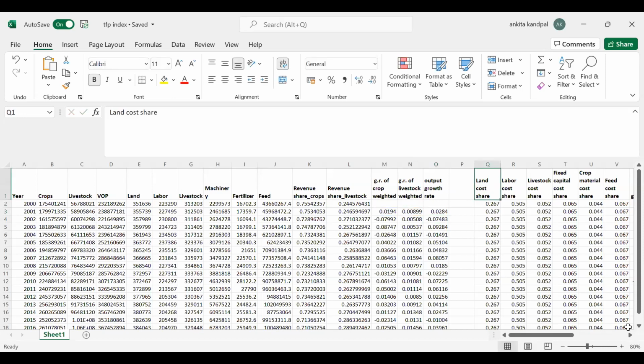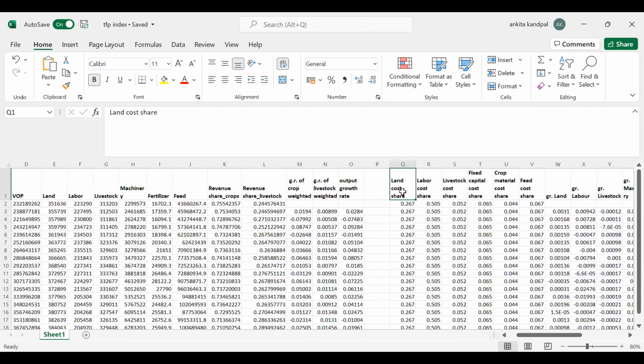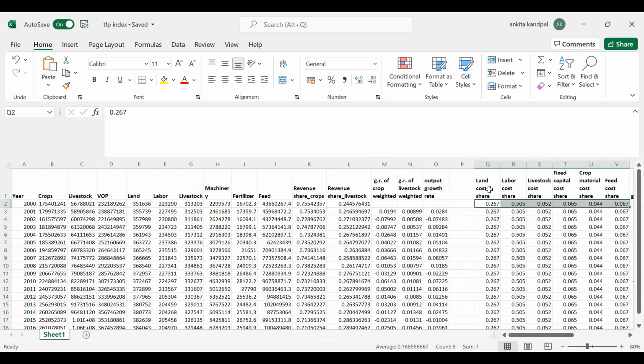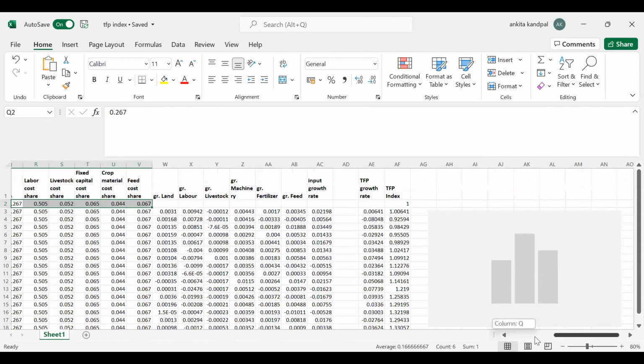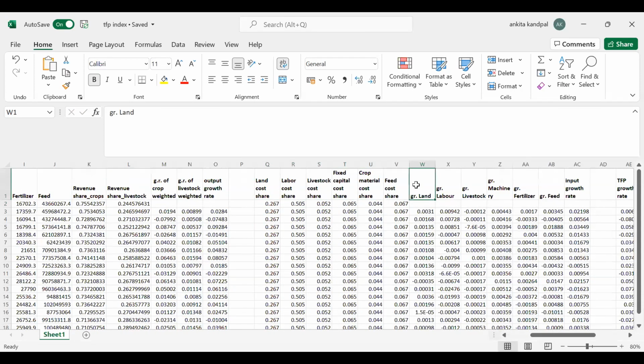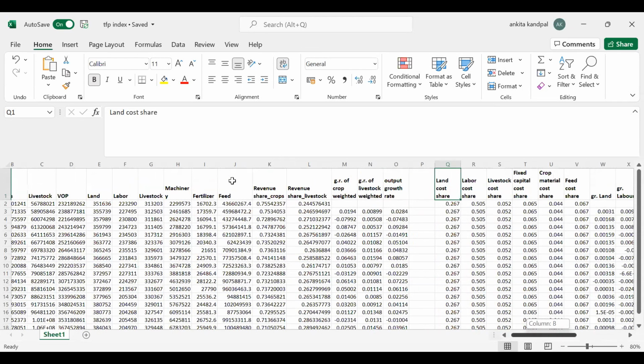Then for calculating the cost share, I have taken all these shares of inputs as fixed shares. If you have expenditure data, you can also take year-wise different share of each input. Then it will be a weighted average of these two years. Then growth rate of each input will be calculated by multiplying the cost share of each input into the yearly change of each input.